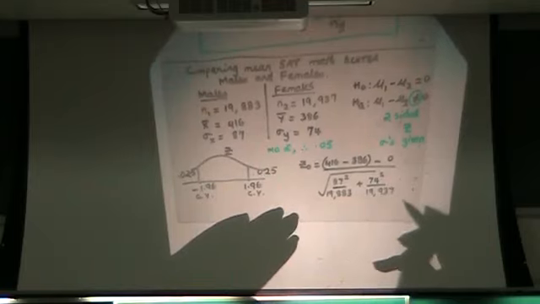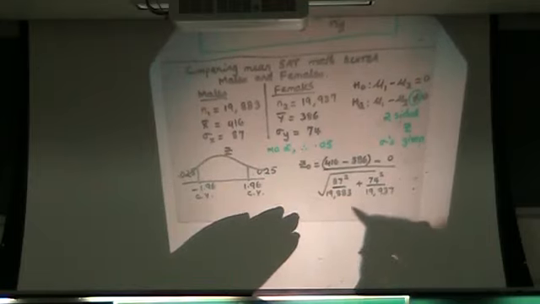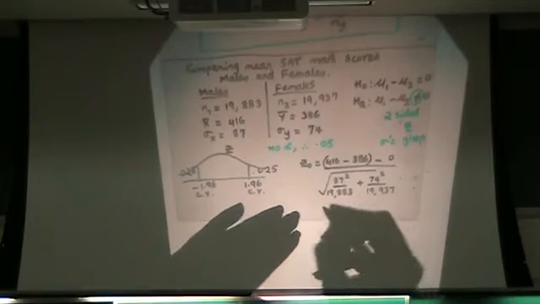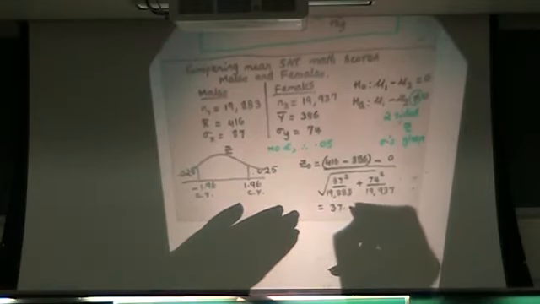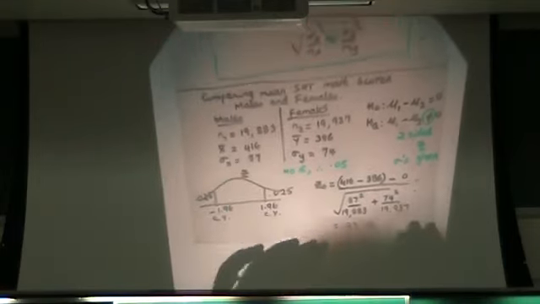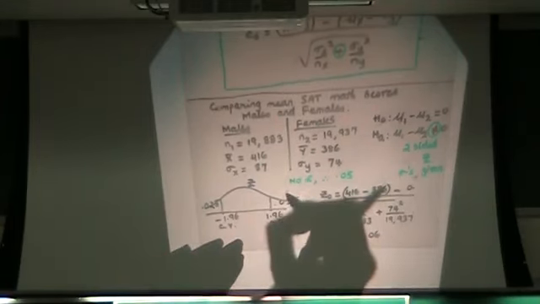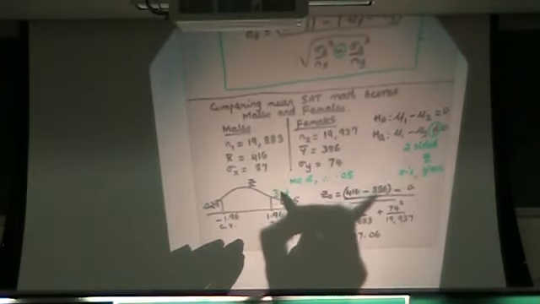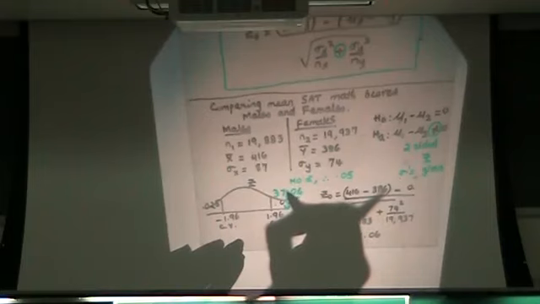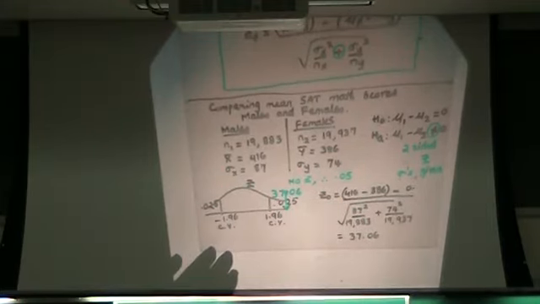And when I clean this up, I get 37.06. And then I drop this 37.06, and of course it falls in here. 37.06, which is in my rejection region.